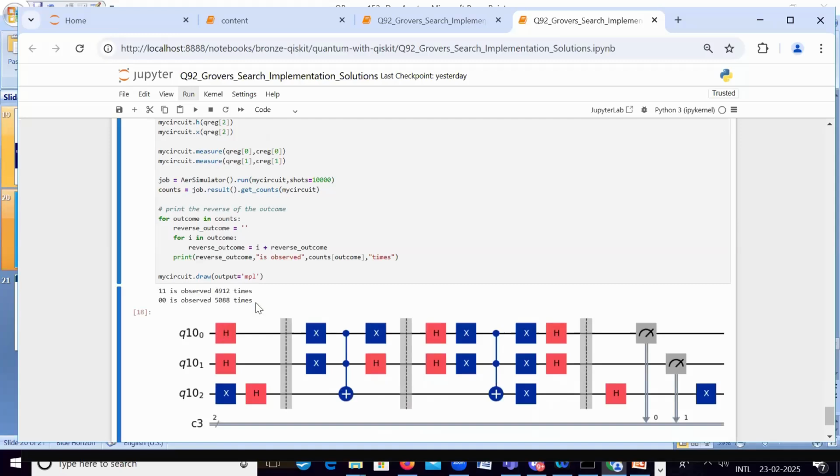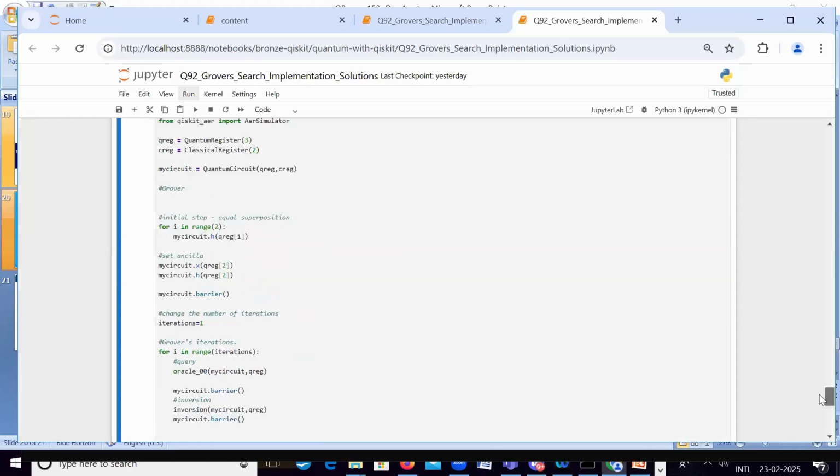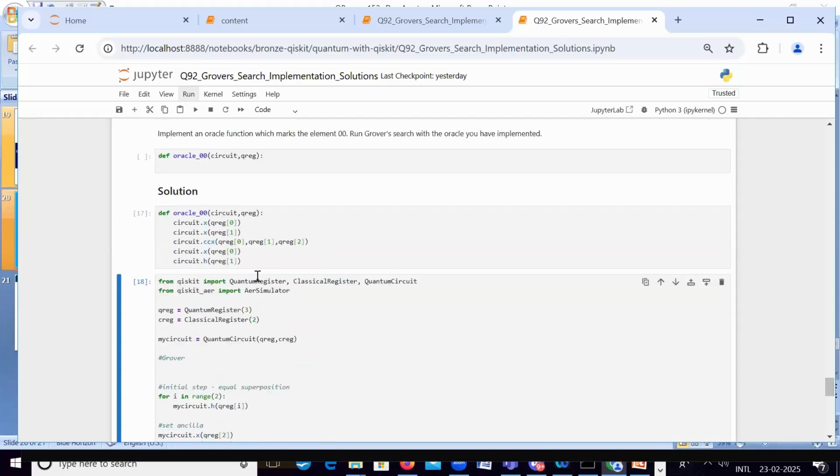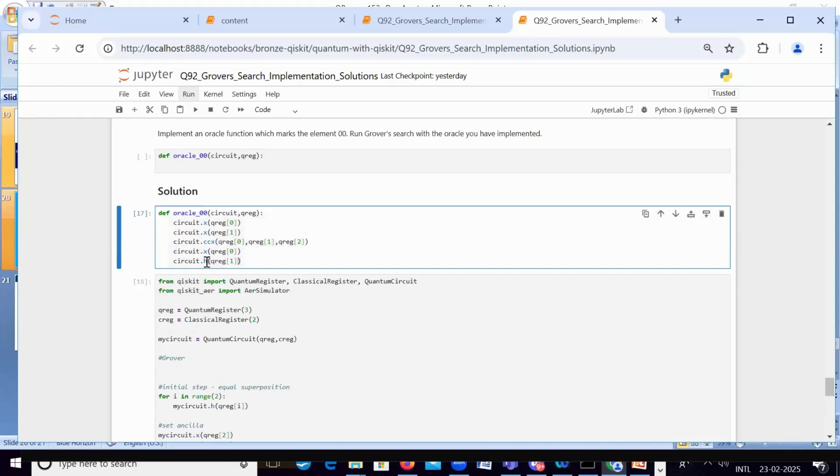Now, instead of getting the desired outcome, that is 0, 0 for 100%, it is being divided 50-50% because a superposition state has been created by this Hadamard gate.